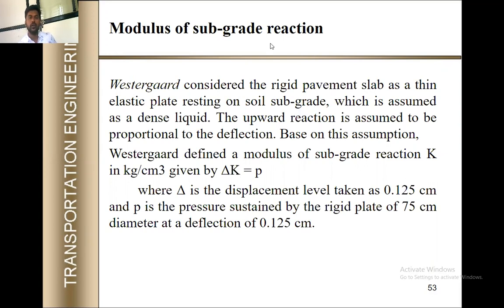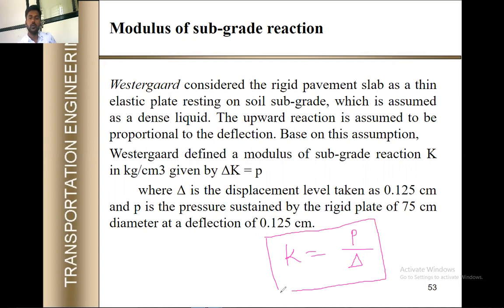And how do we calculate K? When we increase the pressure, whatever deflection we get for that pressure, the ratio of the two is known as the modulus of subgrade reaction. It is the pressure divided by the deflection, so K is equal to P by delta.